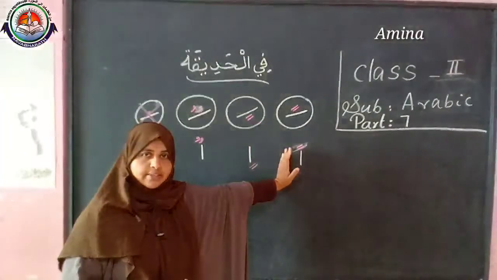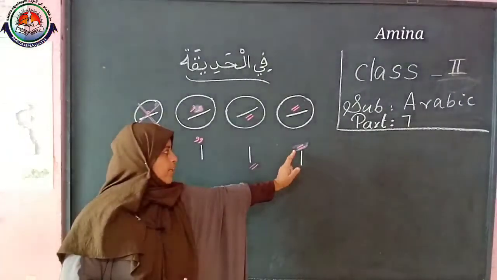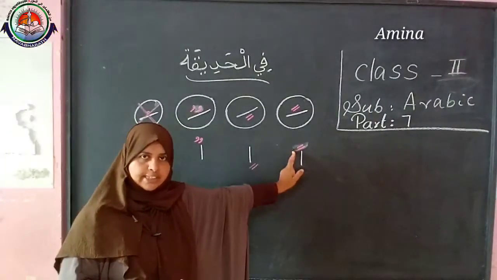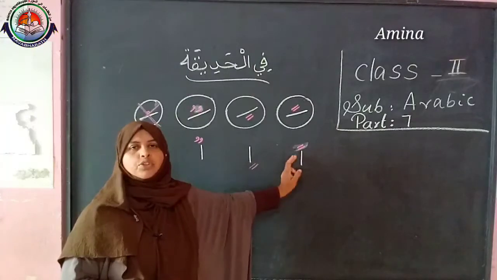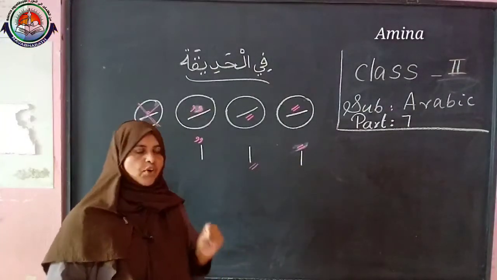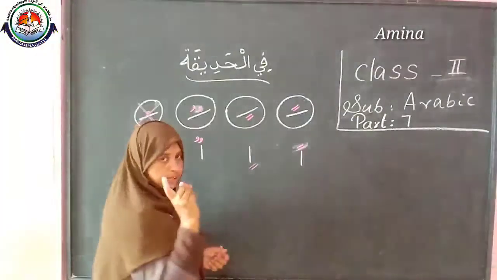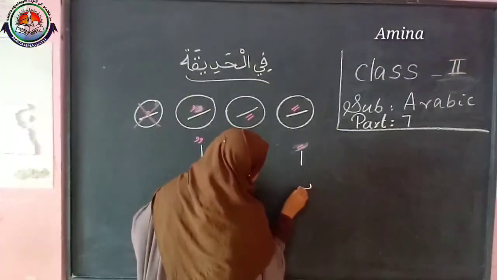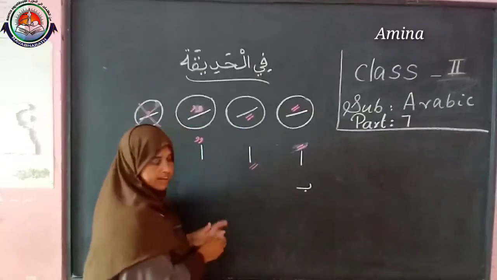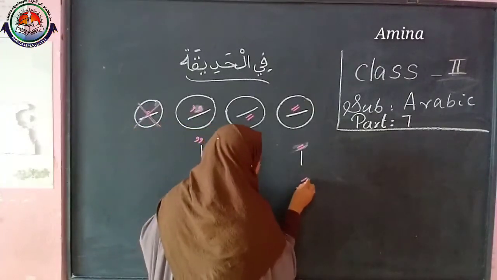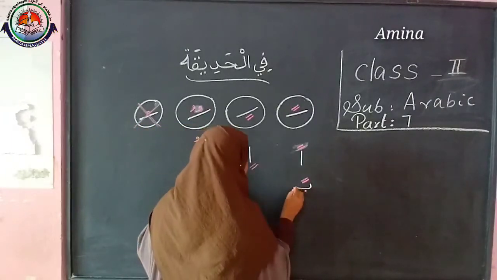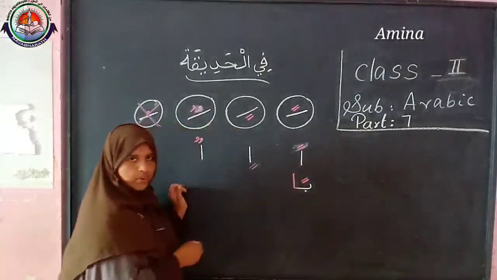Do you know that? For some letters with this double Fatha, we have to put Alif also. How to write? I will show you. This is Ba. Then I put double Fatha. Then I have to add one Alif also.